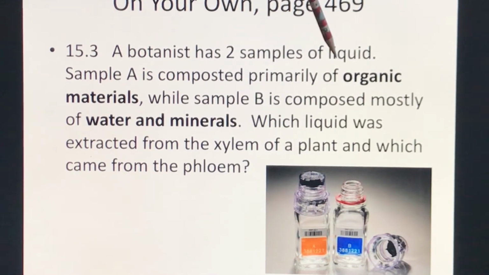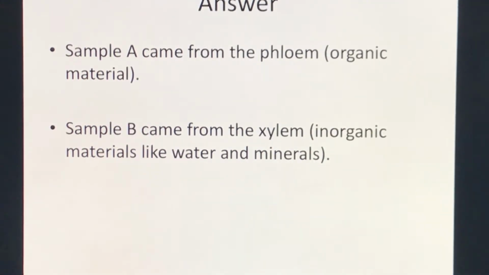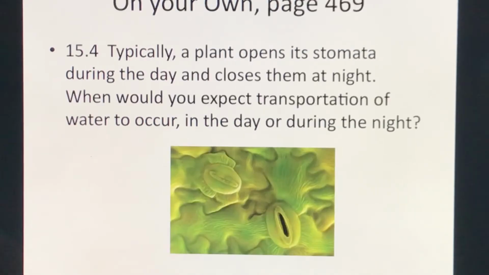So these are our clues. We have organic materials in A and water and minerals in B. So we know sample A, because it had more organic material, came from the phloem, and sample B came from the xylem because it would just have inorganic materials like water and minerals.